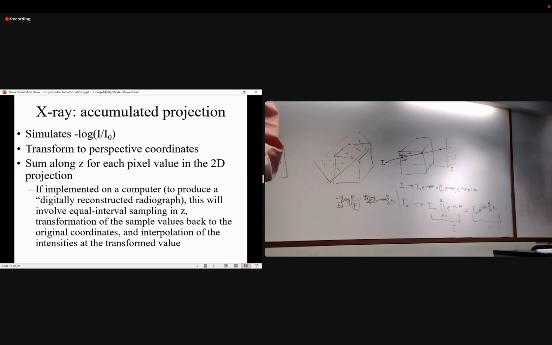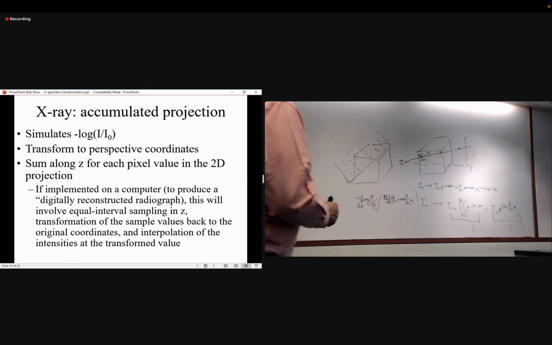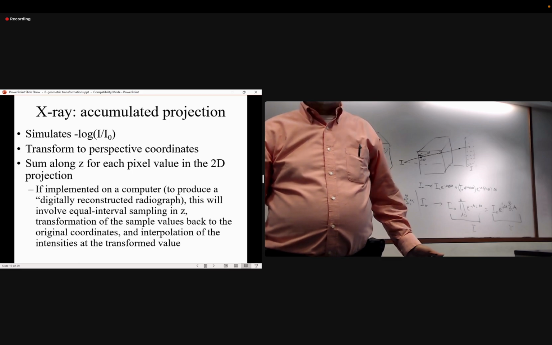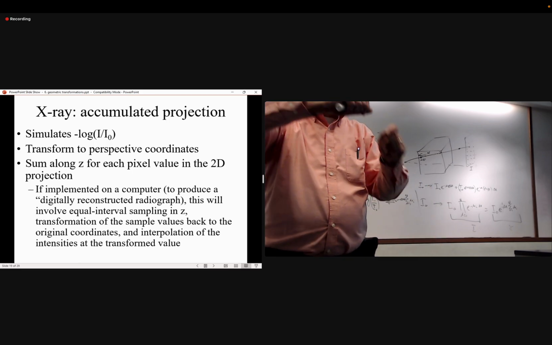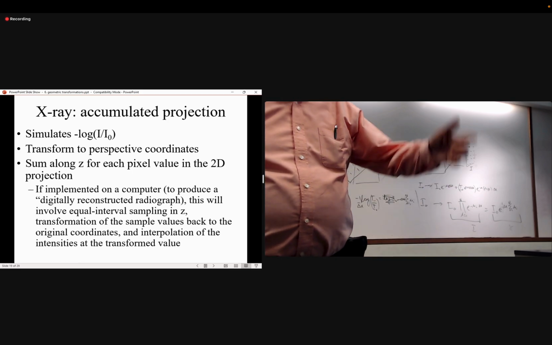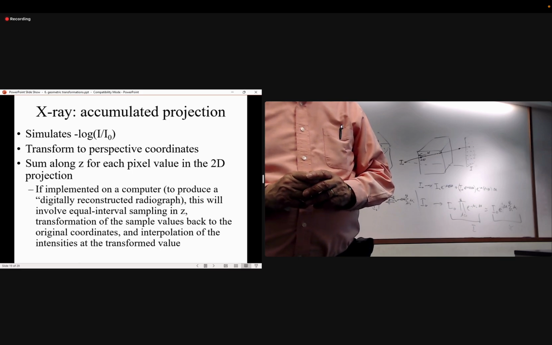Thus, you're able to simulate radiographic projection, or any projection which involves summing along your rays, summing some 3D intensity values in 3D, along all the various rays. Clear?